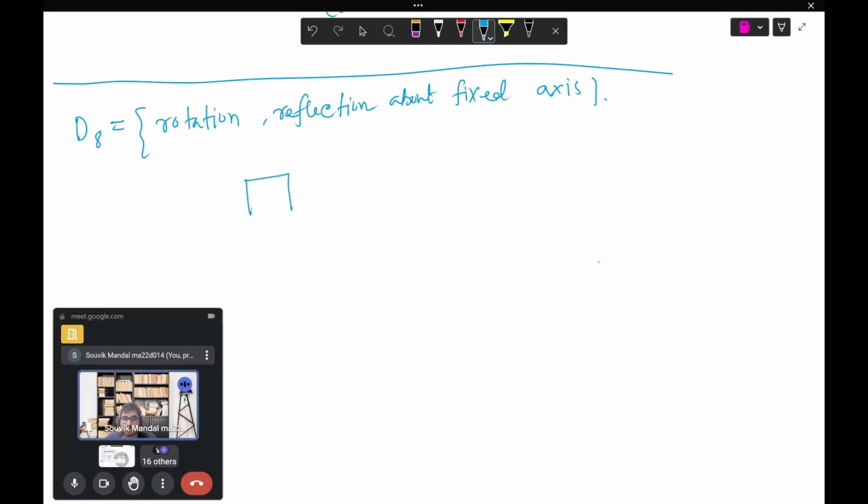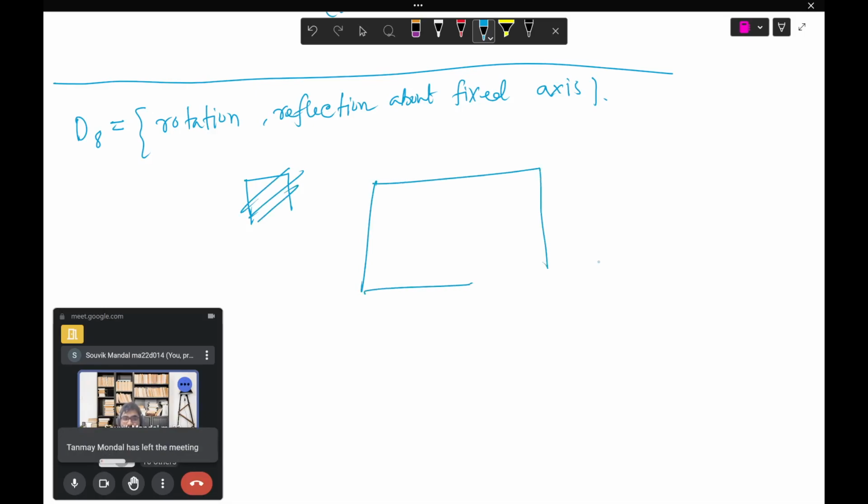Take the unit square. In a unit square, there are four possible rotations, all 90-degree rotations anti-clockwise.